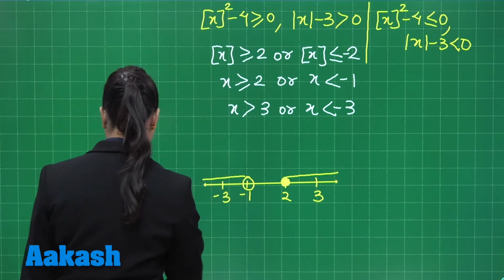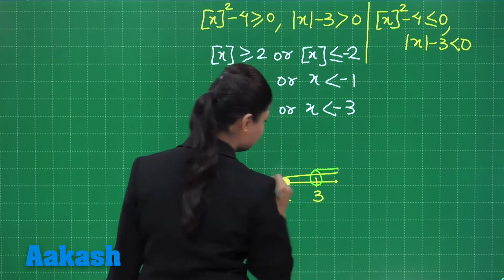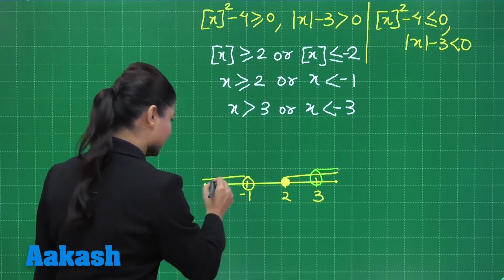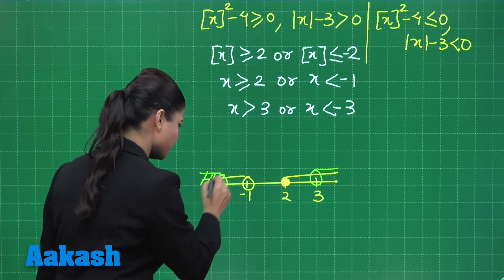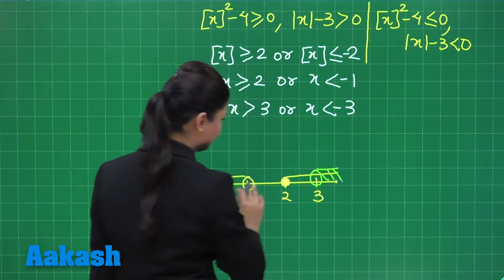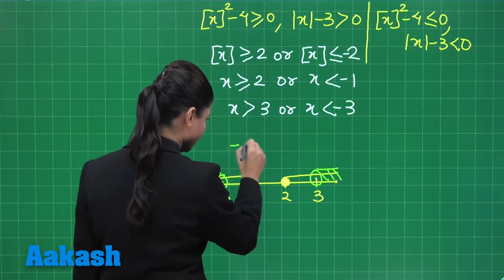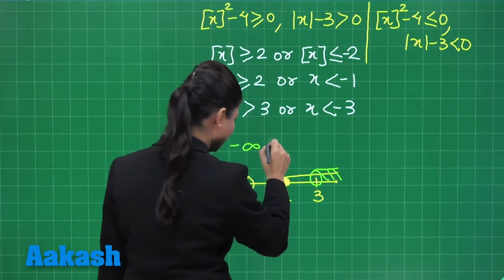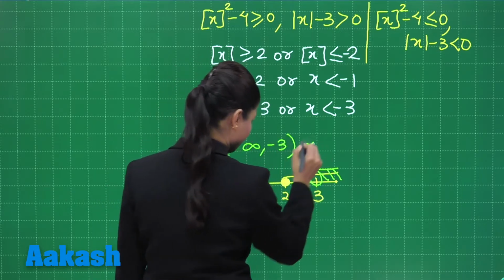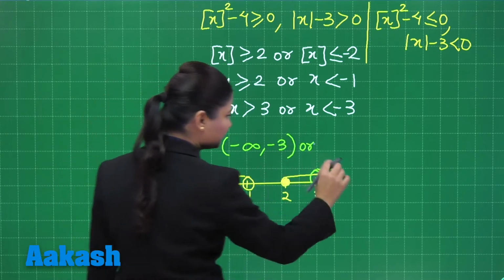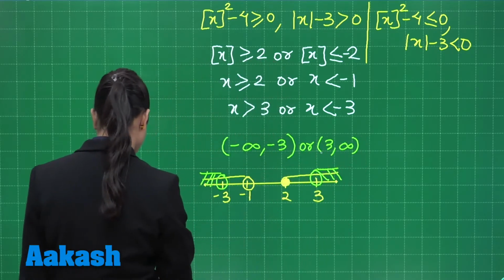Now taking the next case, x greater than 3, we consider this range, while x less than minus 3 we consider this range. You will find that this is the common range in both of these. This common range means the values from minus infinity to minus 3 or the values from 3 to infinity. This is obtained through the first case.